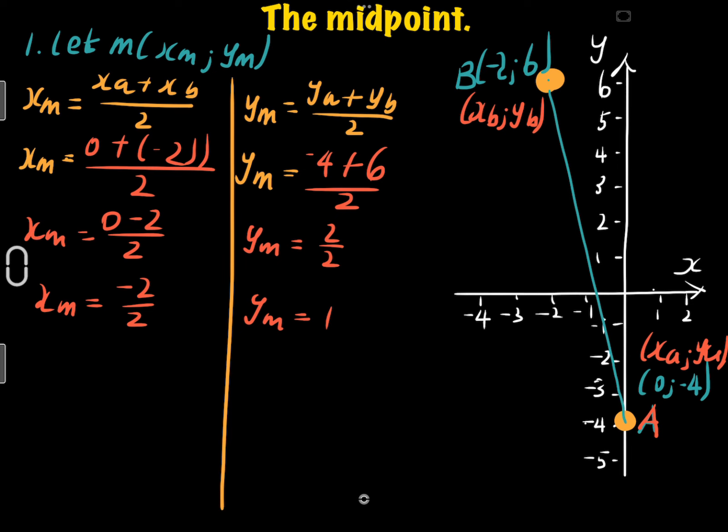Finally, the x coordinate of our midpoint is -1. Therefore, the coordinates at the midpoint, xm and ym, that we found are: the x coordinate of the midpoint is -1, and the y coordinate is simply +1.